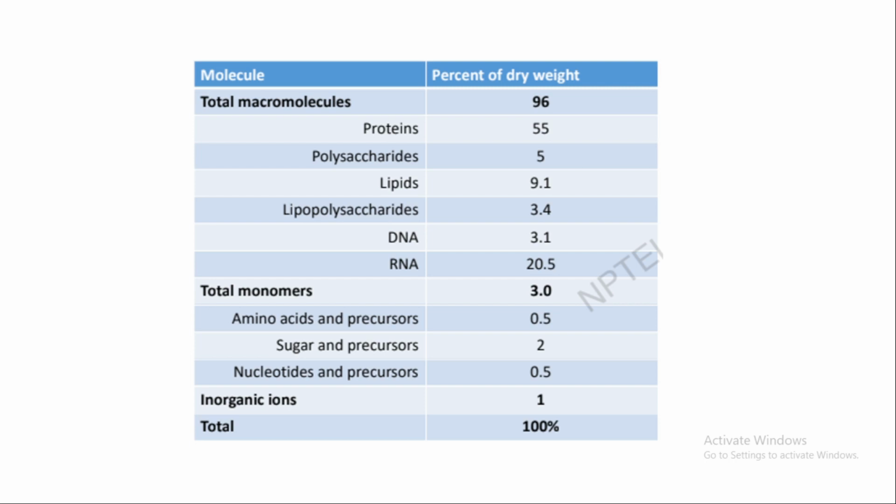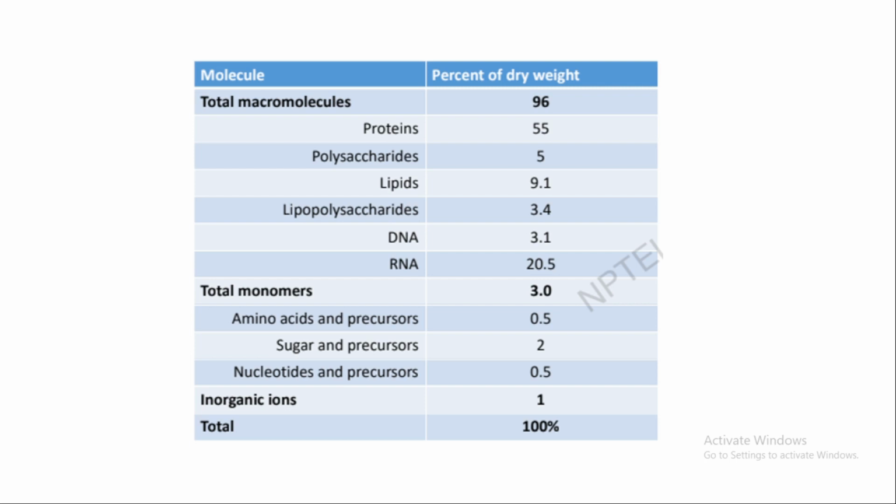You know, many enzymes have copper ions and iron containing proteins are there. So those inorganic ions constitute a total of 1% of the dry weight of a cell.